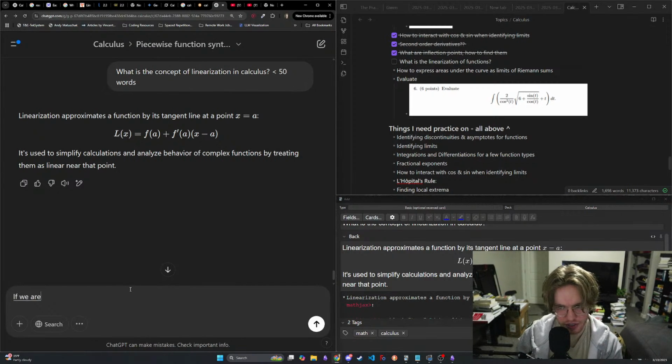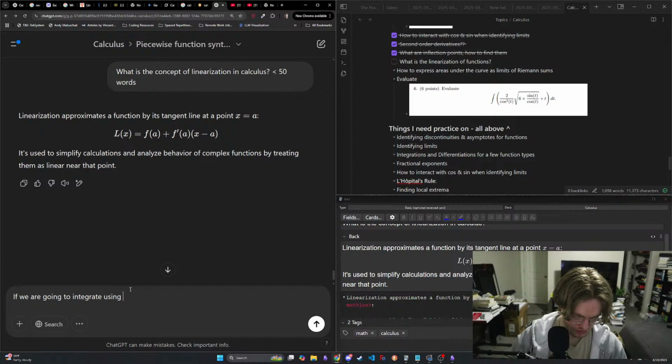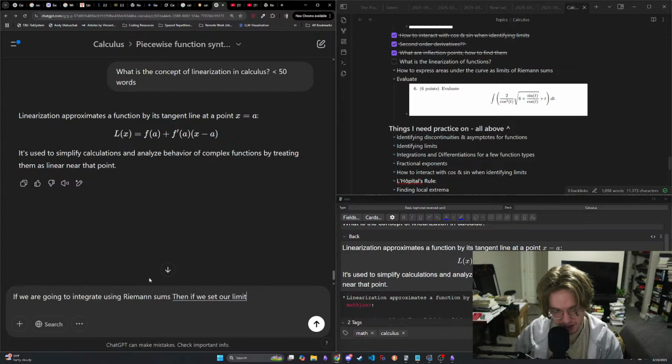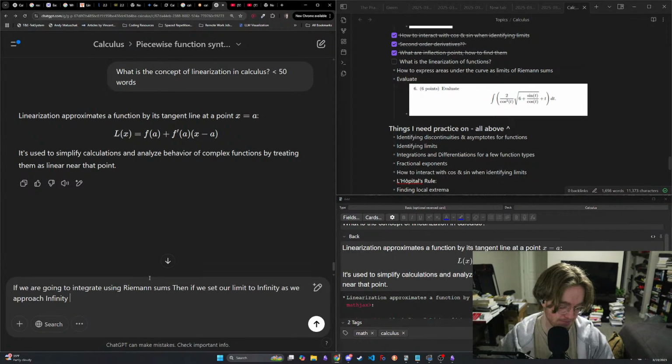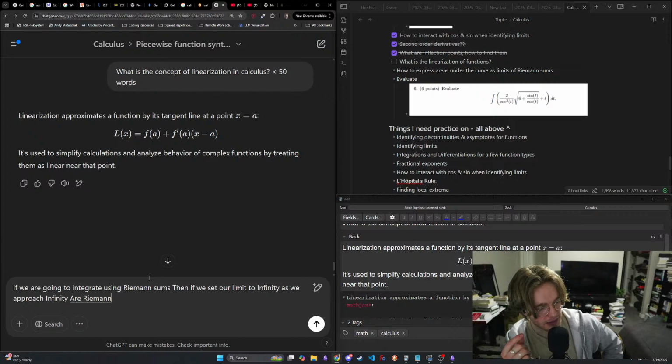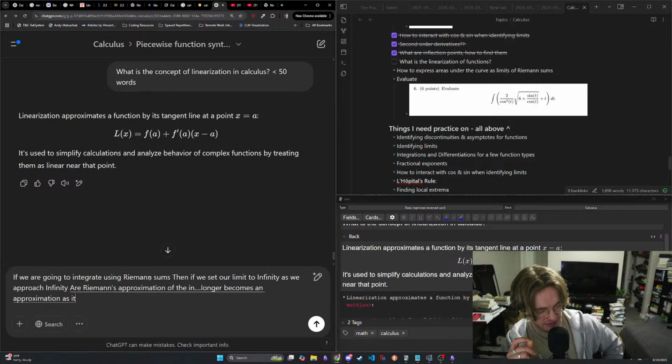If we are going to integrate using Riemann sums, then if we set our limit to infinity, as we approach infinity, our Riemann sum approximation of the integral no longer becomes an approximation, right? Or will it always be the case that it is an approximation?